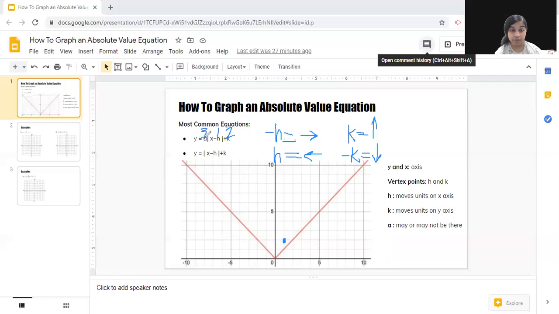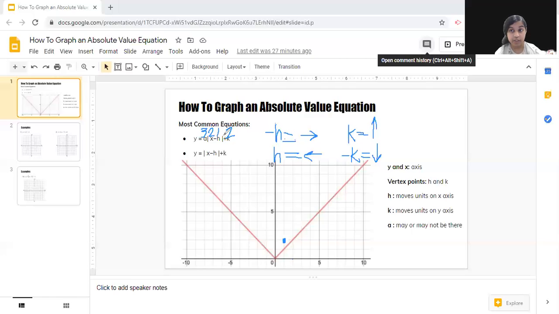And now this 3 will help us make the other points. If we figure out one side, the other side will mirror this. So we don't have to worry about the other side. So to figure out the points, what we have to do is we have to plug in x-axis numbers into the equation. So for example, if we took the x as 2, which would bring us over here.